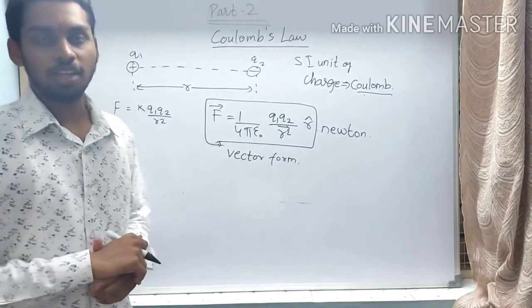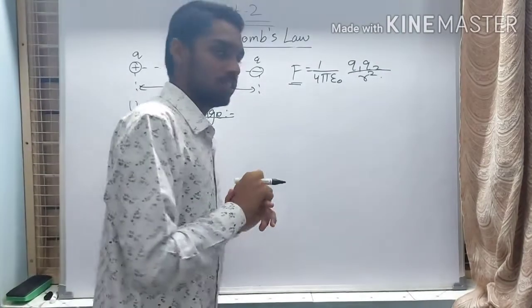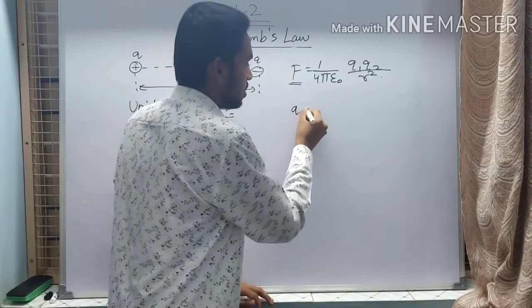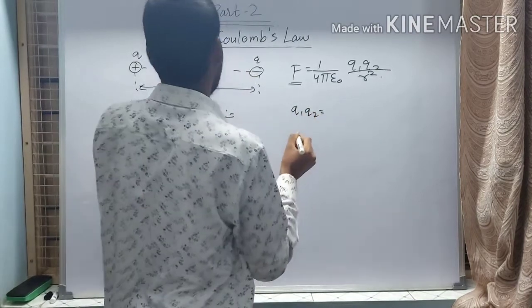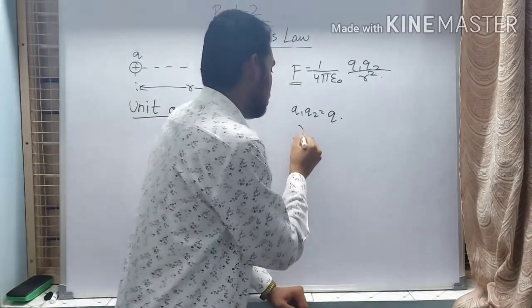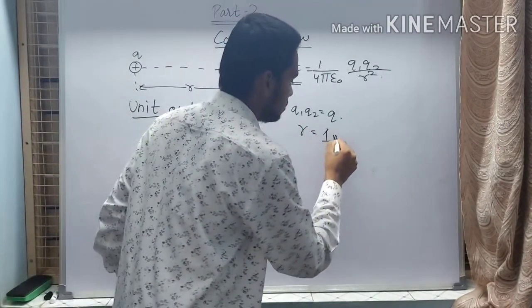Now a very important thing is how to define a unit charge. To define it, we need to make some assumptions. Let us consider both charges to be Q, meaning they are of equal magnitude. The distance by which they are separated is 1 meter.